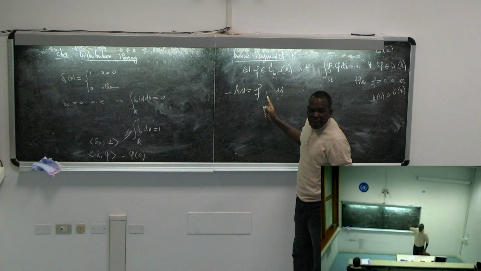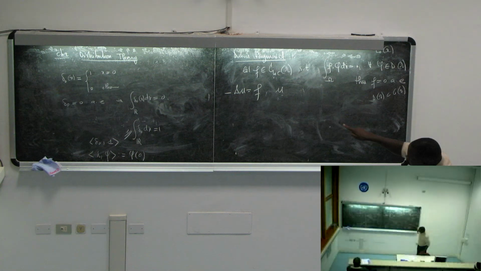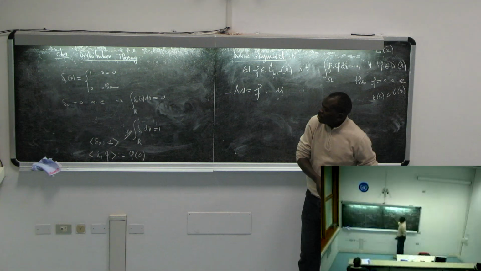But we try to give a meaning for a function which is not necessarily twice differentiable, because we look at this equation as an equation in the sense of distribution. So first, we define what we mean by classical solution and weak solution. A classical solution is a solution such that this function u is twice differentiable and this equation is satisfied.